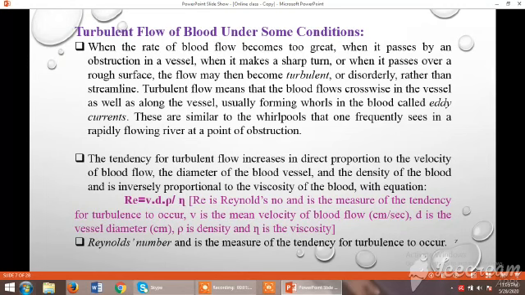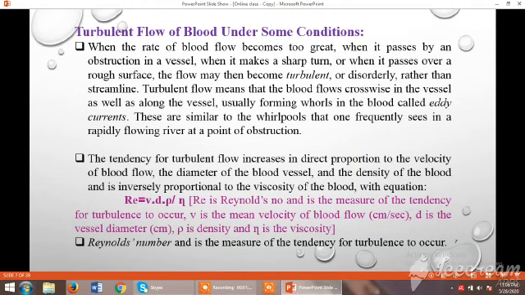When the rate of blood flow becomes too great, it passes by an obstruction in the vessel, it can make a sharp turn, or it passes over a rough surface, the flow may become turbulent and disorderly rather than streamlined. Turbulent flow means the blood flows crosswise in the vessel as well as along the vessel, usually forming whirls in the blood. These are called eddy currents. These are similar to the whirlpools one frequently sees in a rapidly flowing river at a point of obstruction.